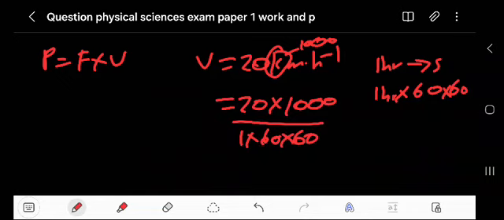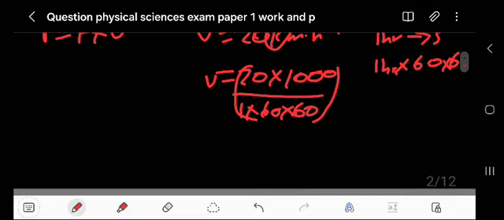So we've changed this to seconds. Remember, this must be in seconds. This is our velocity there.